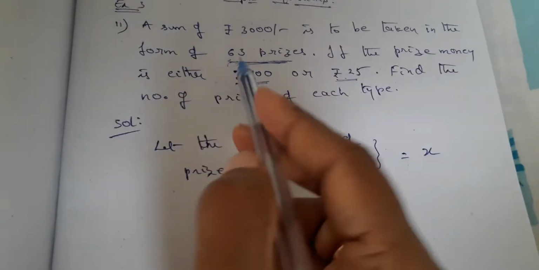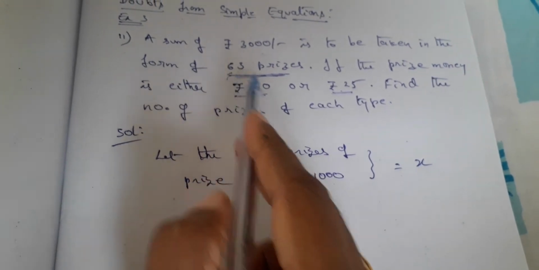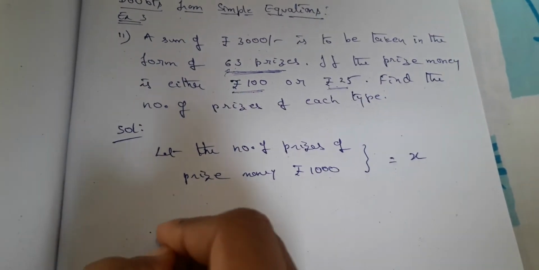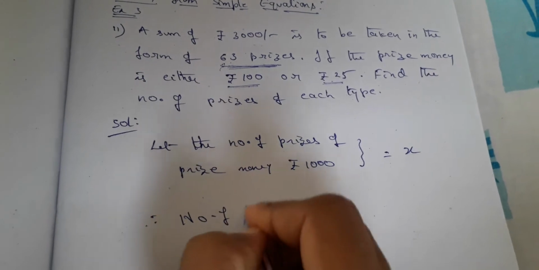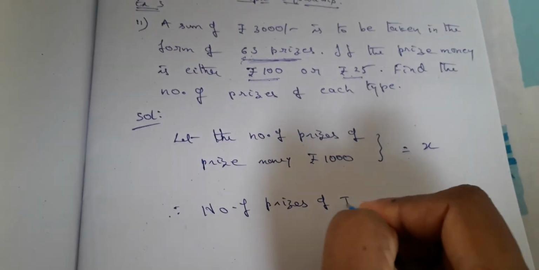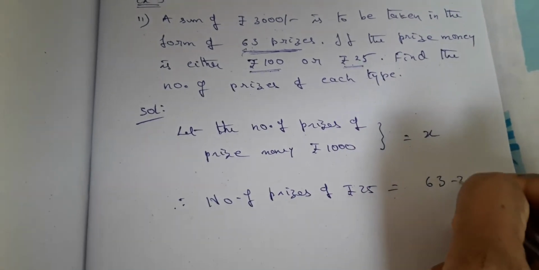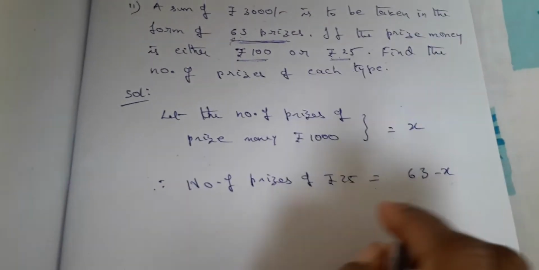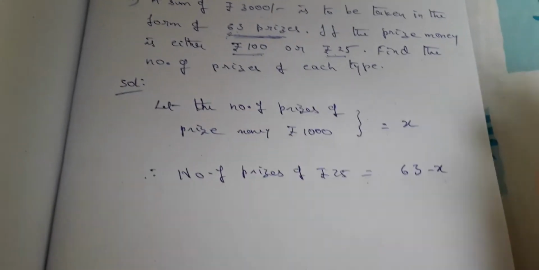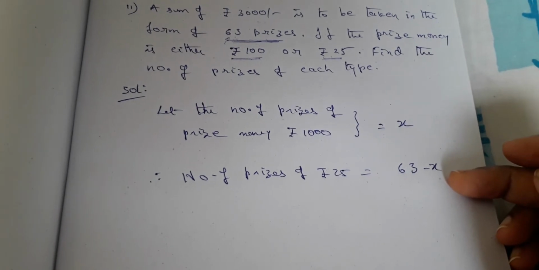Already x is gone out of 63. So then what is left? 63 minus x. So therefore the number of prizes of rupees 25 is 63 minus x. So simple. If you have assumed it to be x here, then obviously the next one will be 63 minus x.